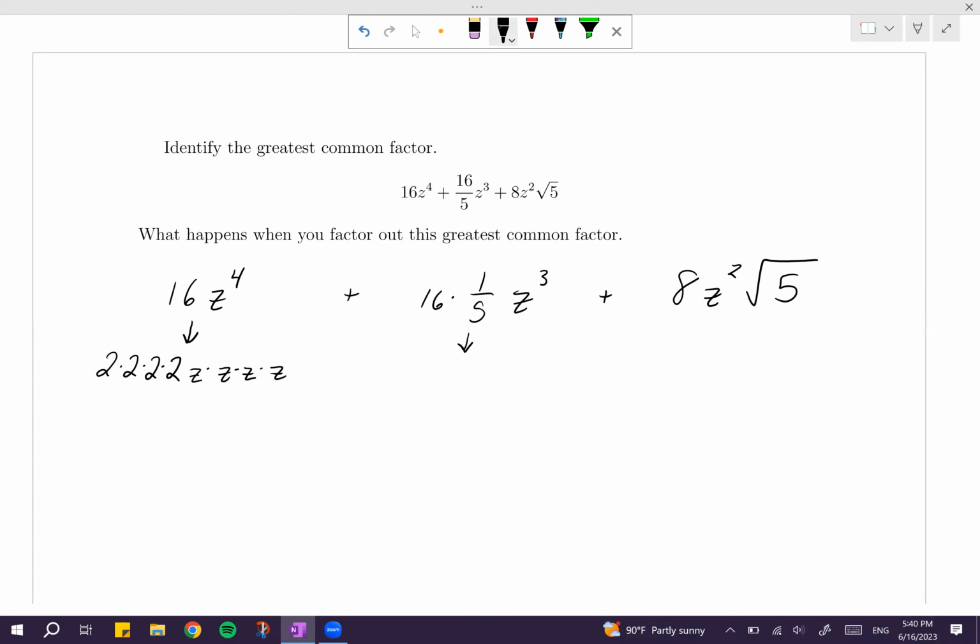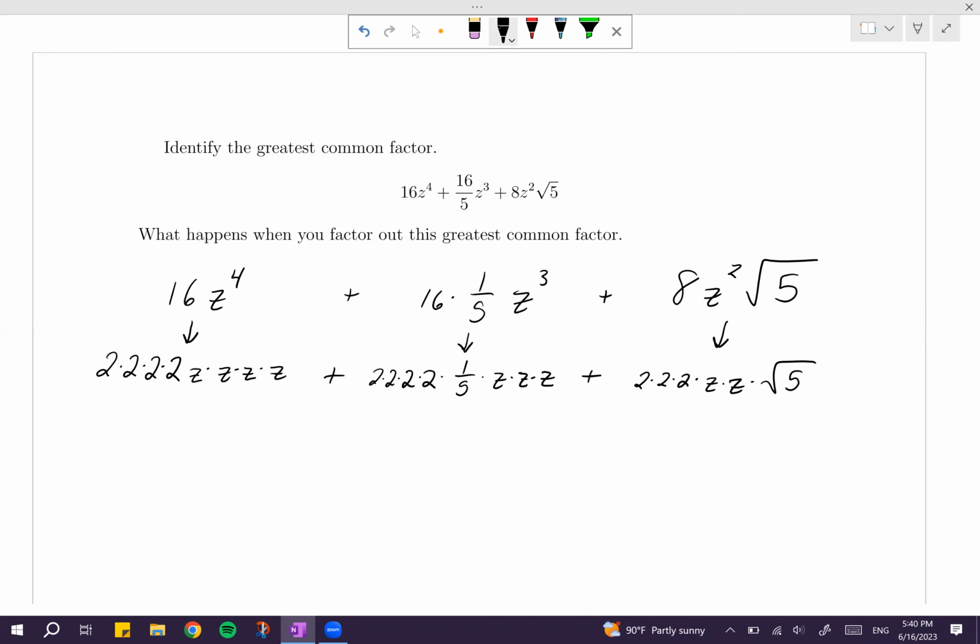So for this next one, again, I have a 16. So that's 2 times 2 times 2 times 2 times 1/5 times z times z times z. All right. And I'm going to do the same with this one. The 8 is 2 times 2 times 2. The z is z times z, and then times the square root of 5.